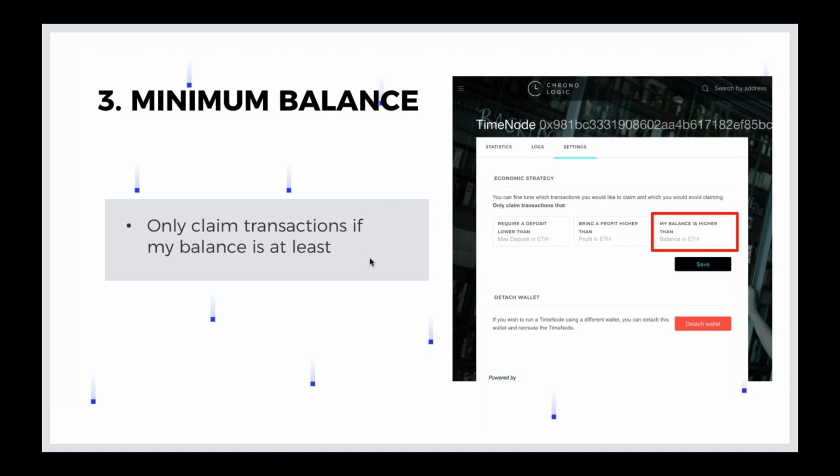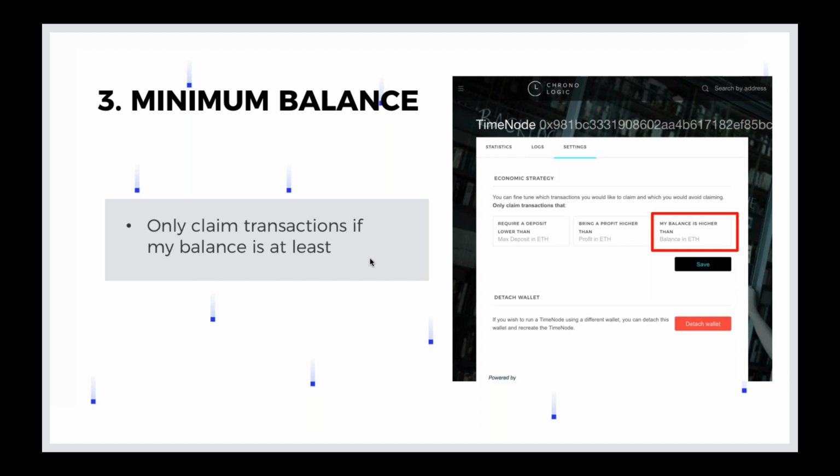It has this gas cost, which is of course refunded once you execute the transaction. All of the gas costs are refunded, but you might claim a transaction that is a bit too far ahead, and until you execute it, you're at a small loss because of the gas you spent on claiming it.